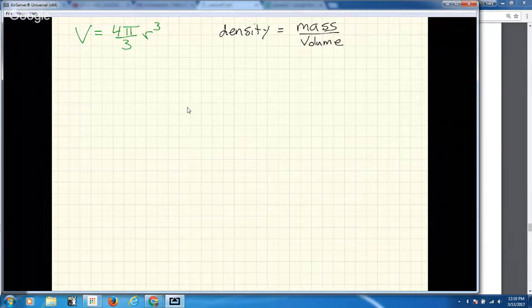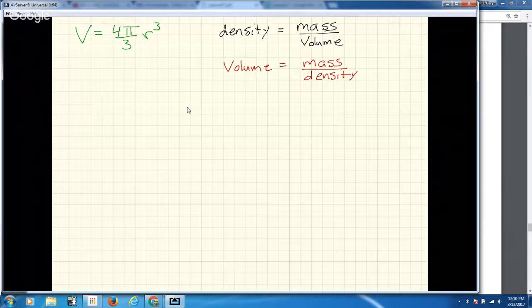For example, we could multiply the volume to the left, divide the density to the right, and so we get an equivalent equation that says volume is equal to mass over density.